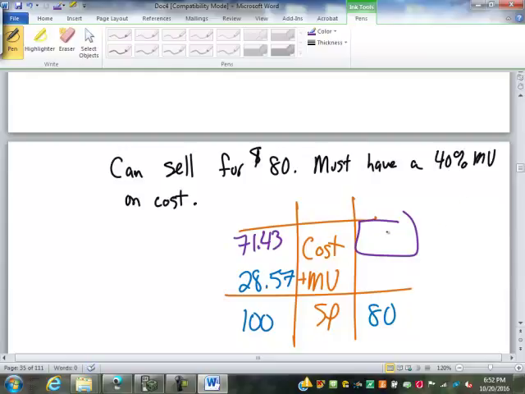I can figure out how much I can afford to pay for that. 71.43 times 80 divided by 100.